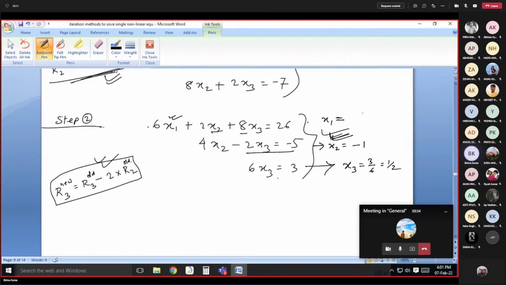Can you solve this x1? 4, sir. That is 4, no problem.